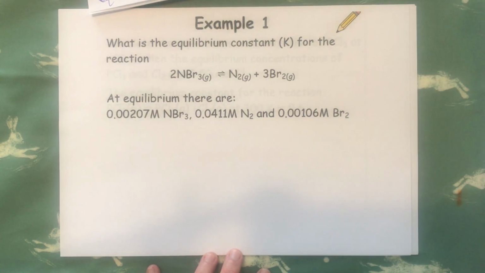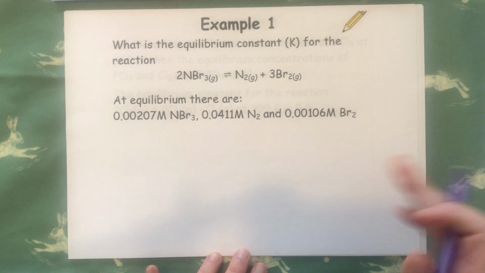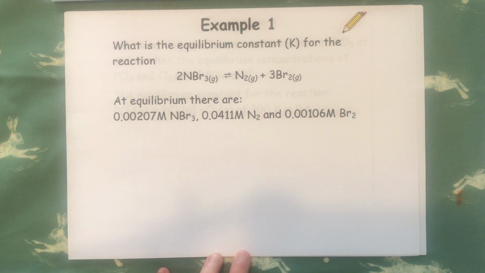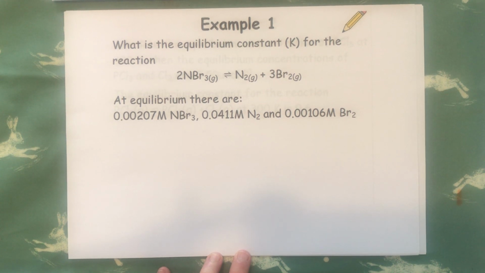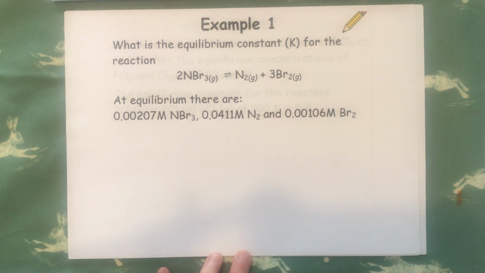So let's look at a couple of examples where you might be asked to work out or use this value to work out an unknown. So you can fill this in your notes as we go through it. What is the equilibrium constant for the reaction stated here? At equilibrium, those are your concentrations.